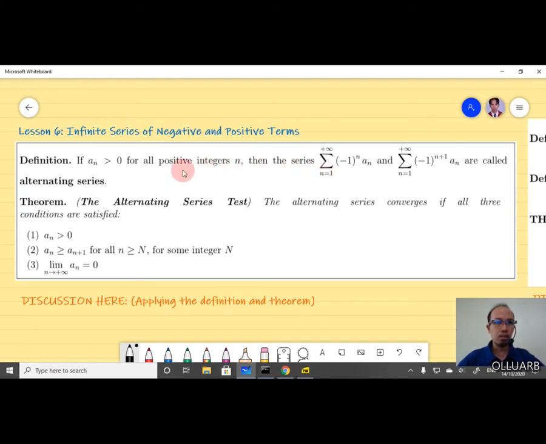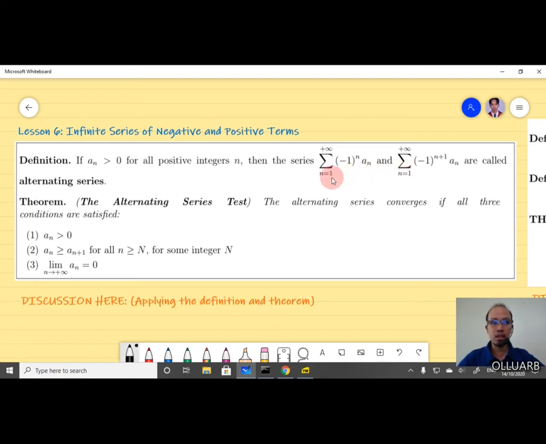As you have noticed, in this notation, this is clearly an alternating series. We have a factor here, which is negative 1 raised to the power of n, or negative 1 raised to the power of n plus 1. If you expand this notation, clearly this is an alternating series.